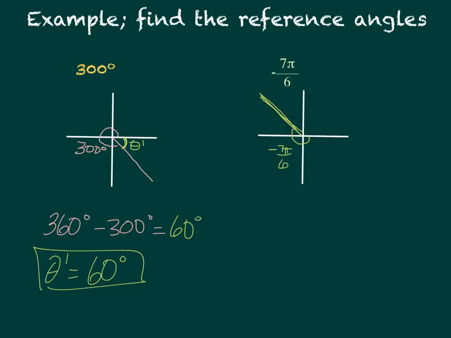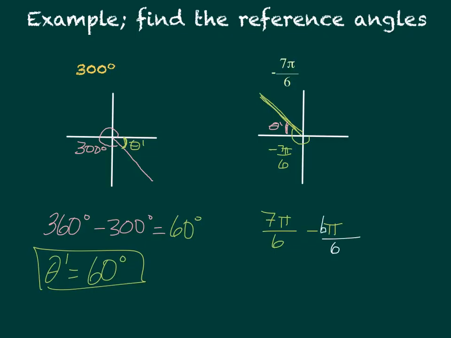And I want to find my theta prime, which is going to be less than 90, so that's my theta prime. So to find that one, I'm going to take 7 pi over 6 and subtract off pi. And I'm going to go ahead and make that a common denominator.